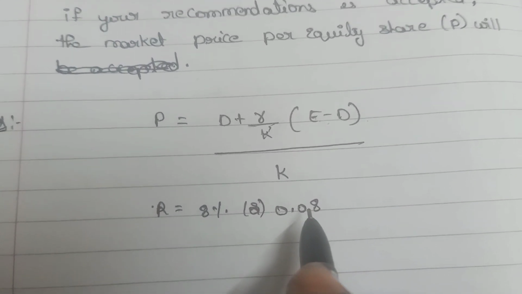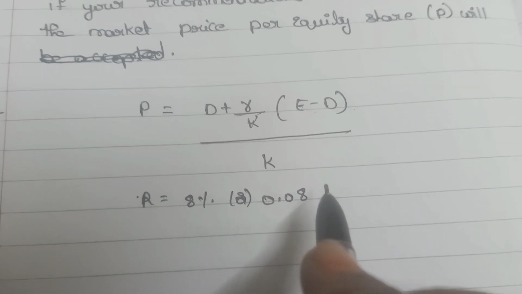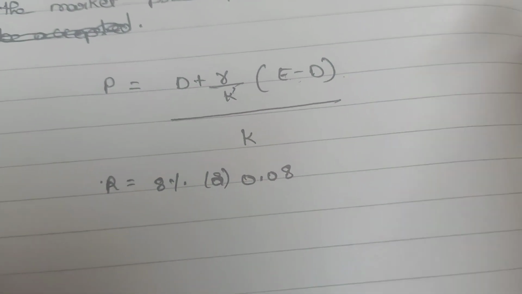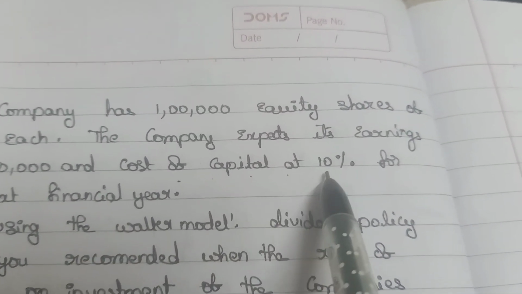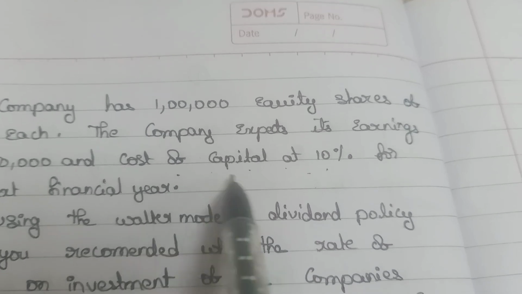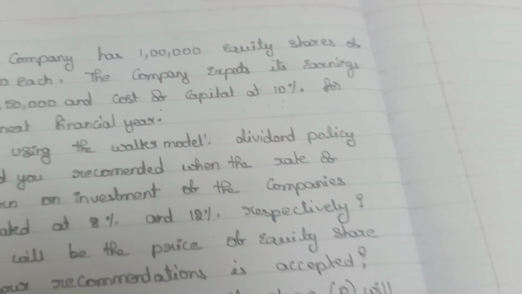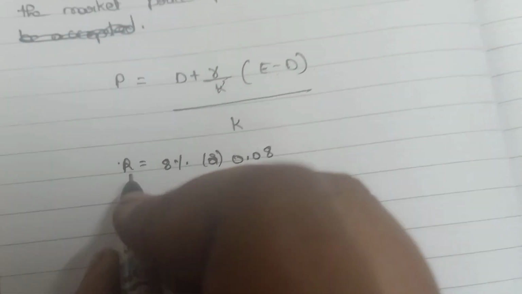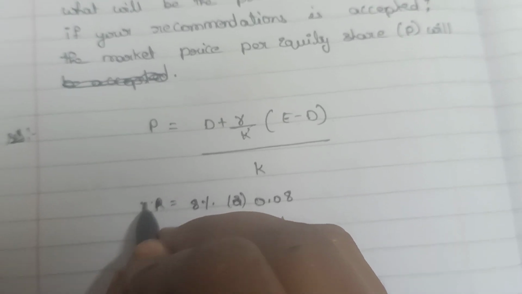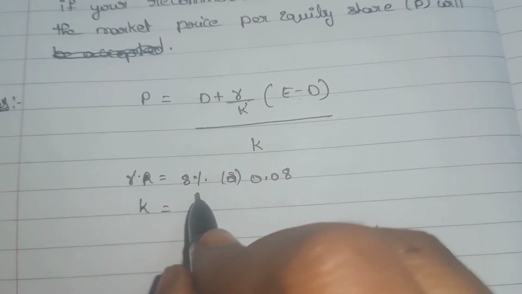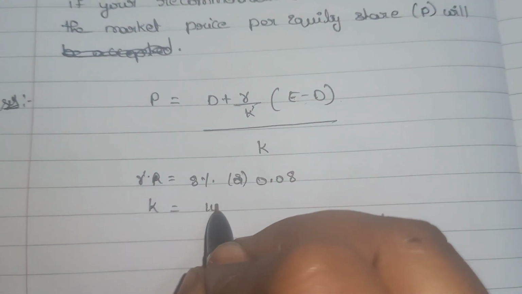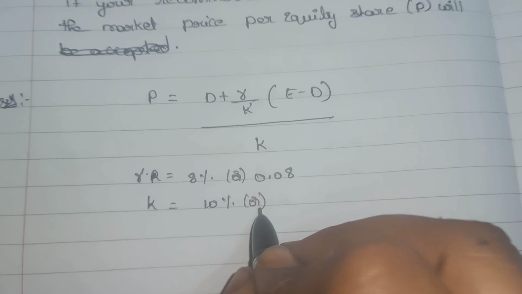So what is K? K means the cost of capital. In the sum they have given the cost of capital at 10%. So K is equal to 10%, which in decimal points we write as 0.10.